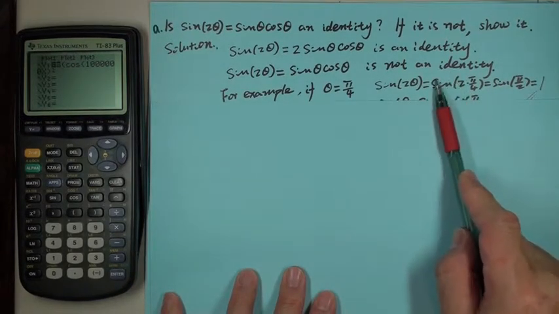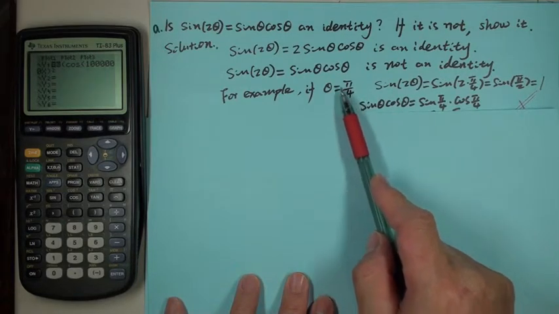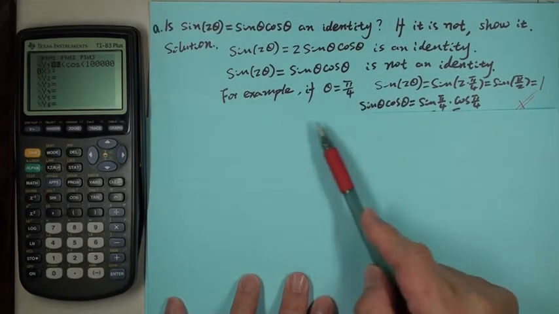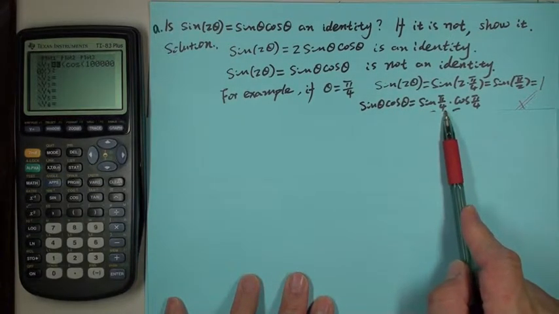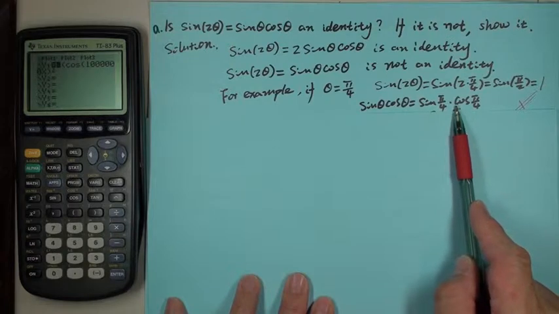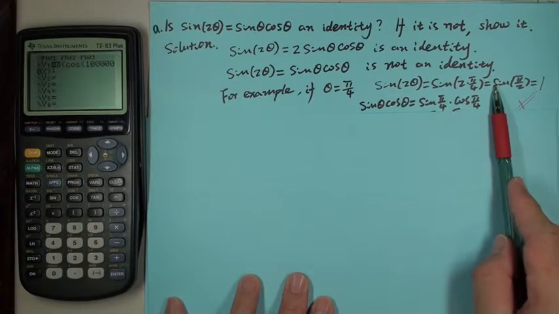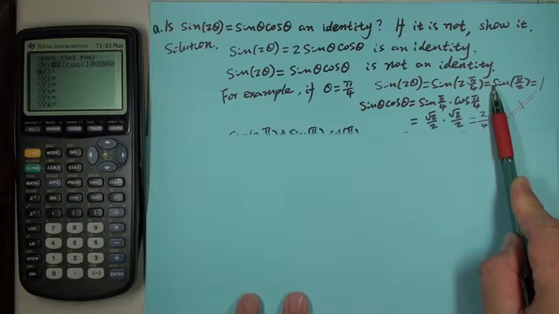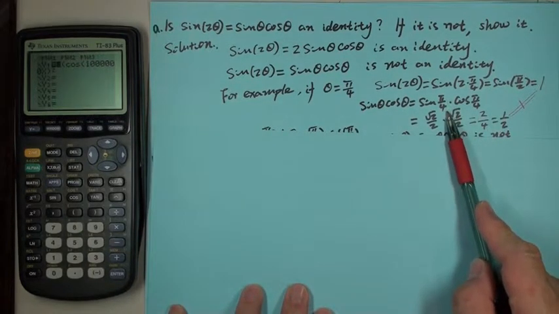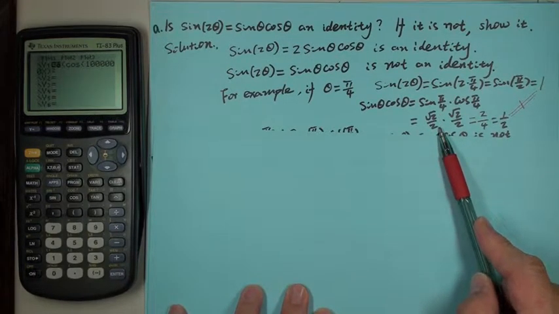Now, the right-hand side. If you plug pi over 4 into those two places, sine theta times cosine theta is sine pi over 4 times cosine pi over 4. Now, recall sine pi over 4 is radical 2 over 2.